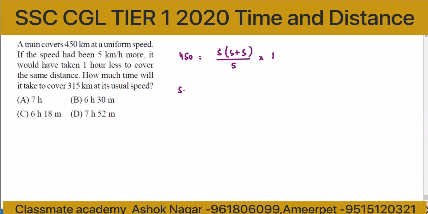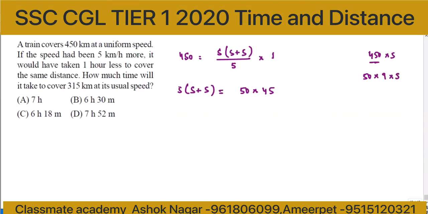Can you tell me what S into S plus 5 is? 5 into 450. Okay, so 450 locally, you can write 50 into 9. So I'll take it as 50 into 45. I'm writing 450 into 5 as 50 into 9 into 5.